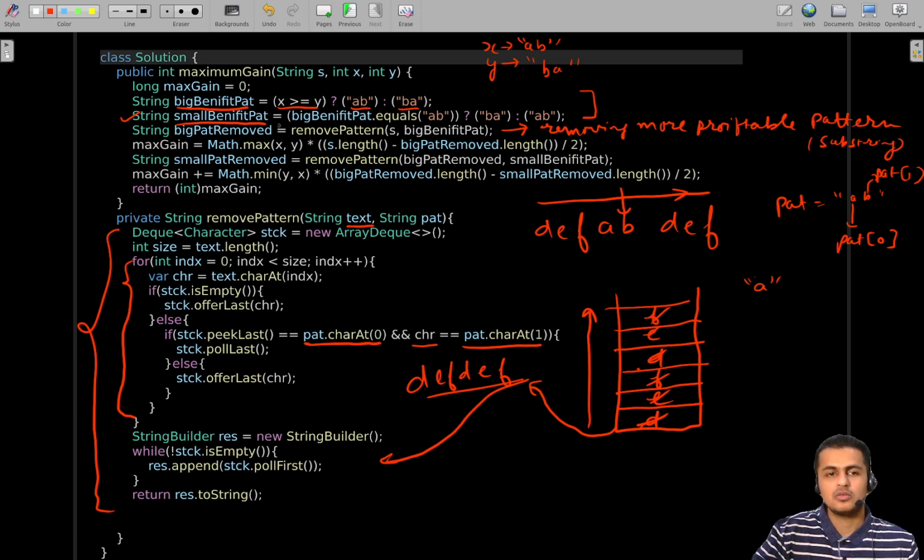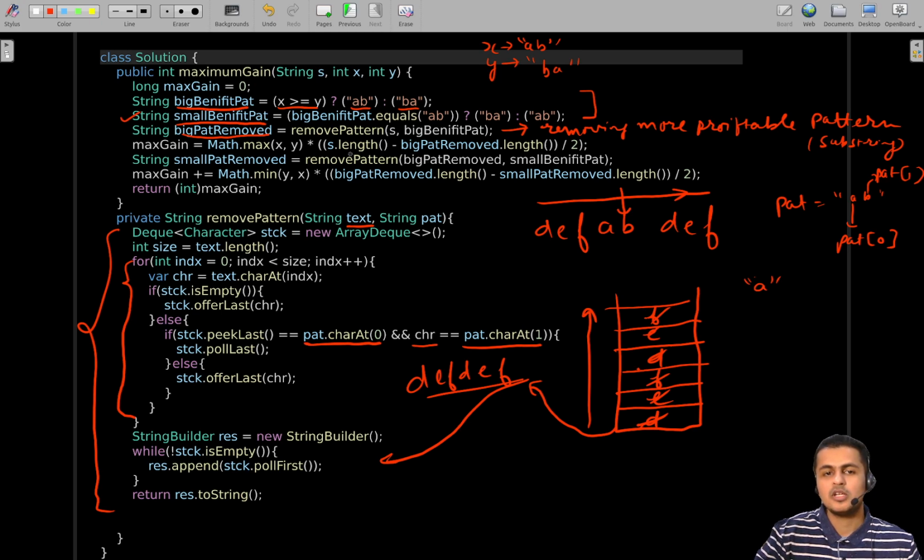So this will be done in the remove patterns method. Once all things are removed, a modified string will be given to you. So the big pattern removed string will be the modified string that will be provided to you by this method. Once you have access to the modified string, then you can very easily count the number of pairs that you have removed.